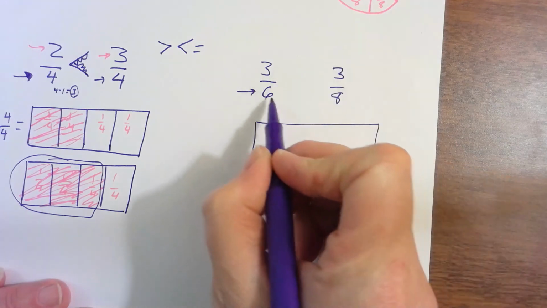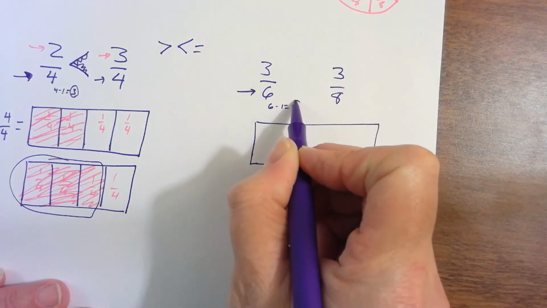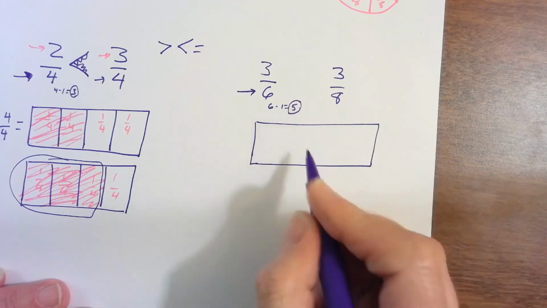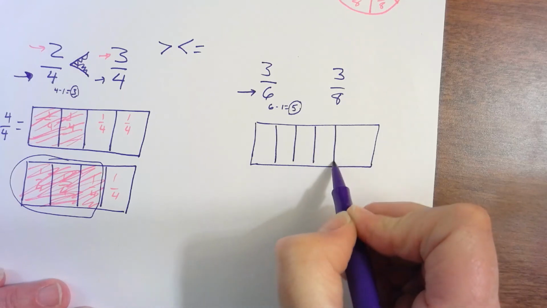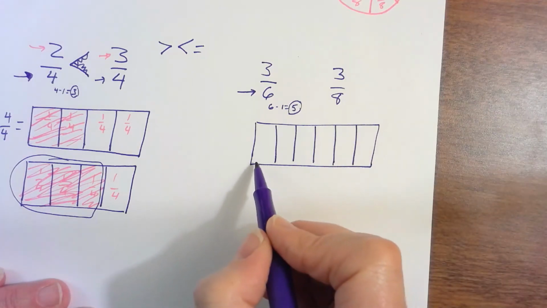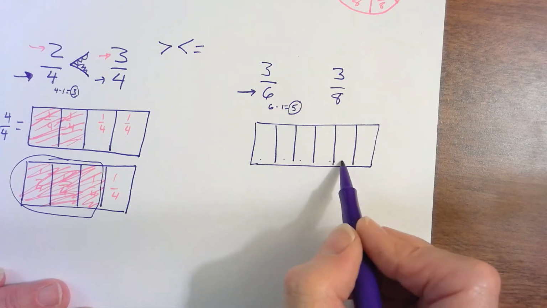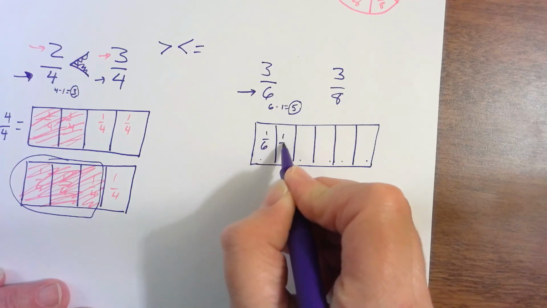So remember the trick I told you? You take 6, take away 1 equals 5. I know I need to make 5 lines. 1, 2, 3, 4, and 5. 5 lines. So how many segments? 1, 2, 3, 4, 5, 6. That's right. And each one is worth 1/6.